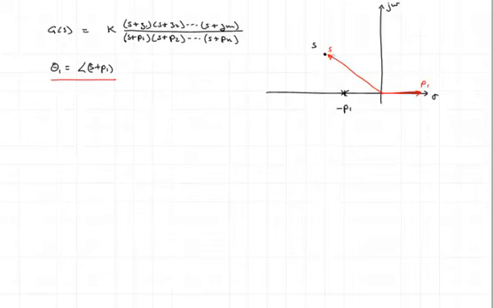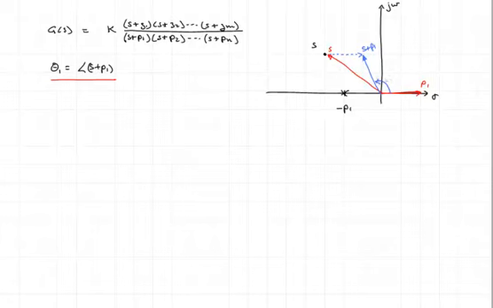And so s plus p1 is simply taking the vector s and adding p1 to it, such that we arrive at this vector, which is s plus p1.